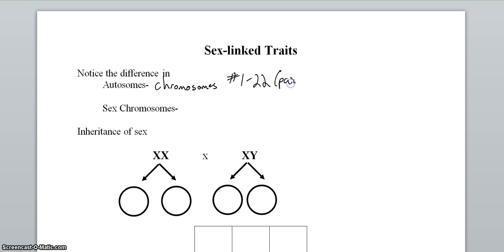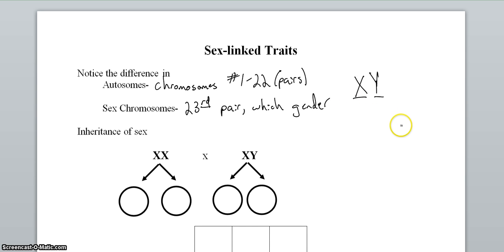Now the 23rd pair are your sex chromosomes, and these things determine gender. So males are all XY, so they have an X chromosome and a Y chromosome. That's what makes us male. And females are XX.